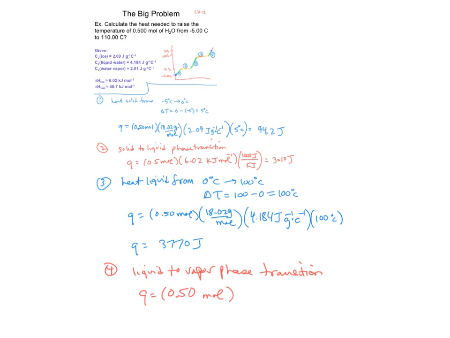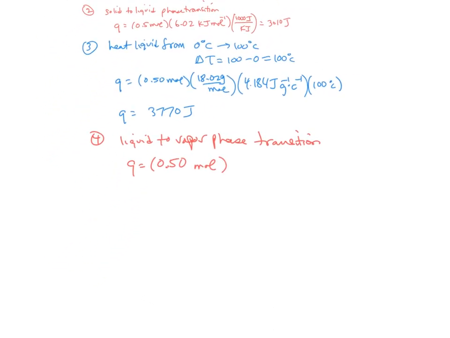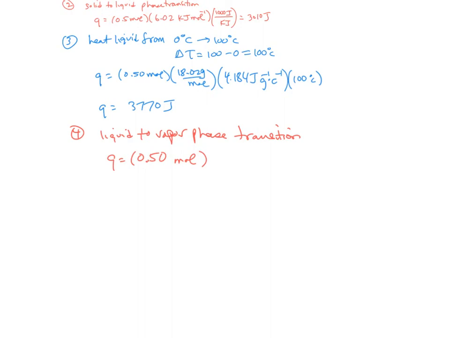We just used 6.02 over here for the solid to liquid. Now we're going to use 40 for the liquid to vapor transition. Okay, and so this is times 40.7 kilojoules per mole.